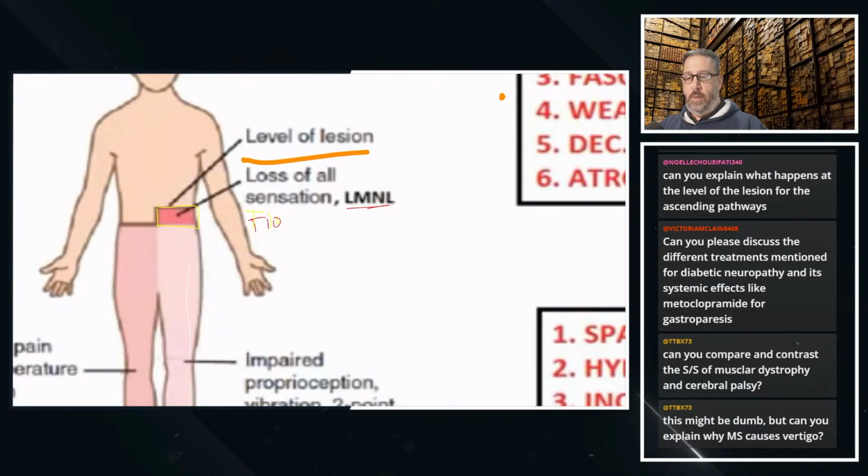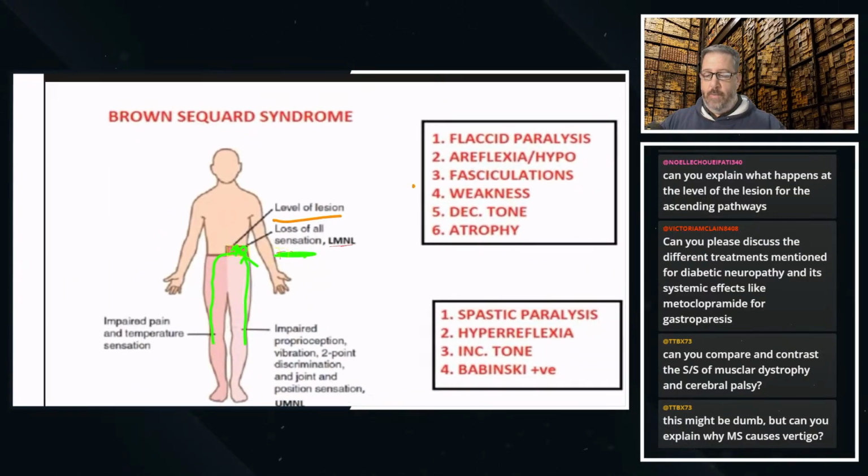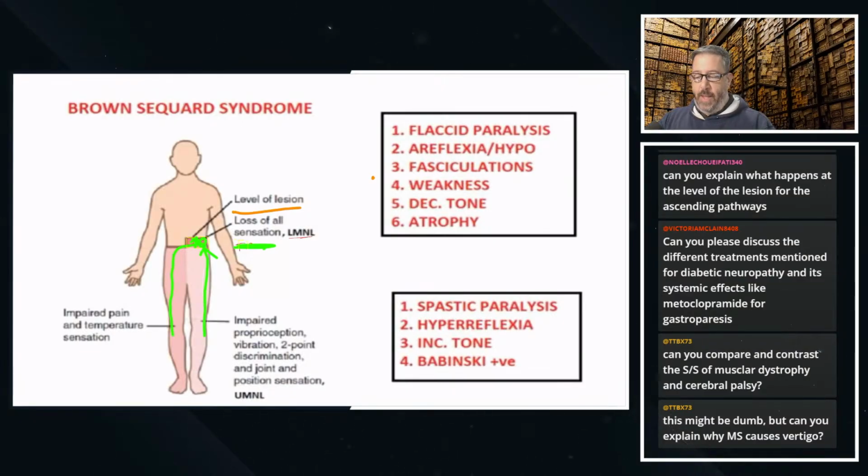Proprioception wants to come up. Can't. Pain and temperature wants to come up and then cross over. Can't. So at the level of the injury, everything gets lost. Just remember at the level of the injury, loss of all sensation, lower motor neuron, and then what happens on each side.